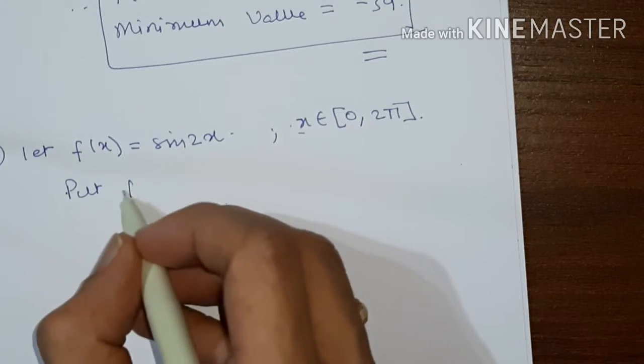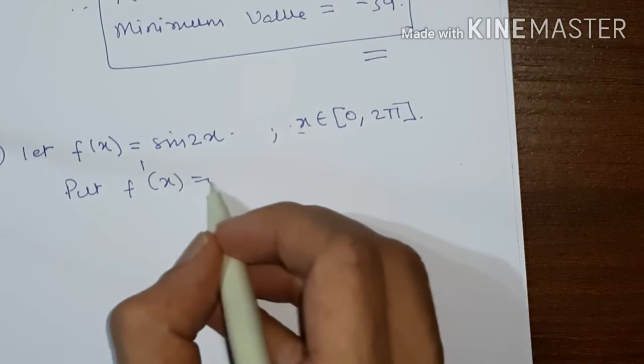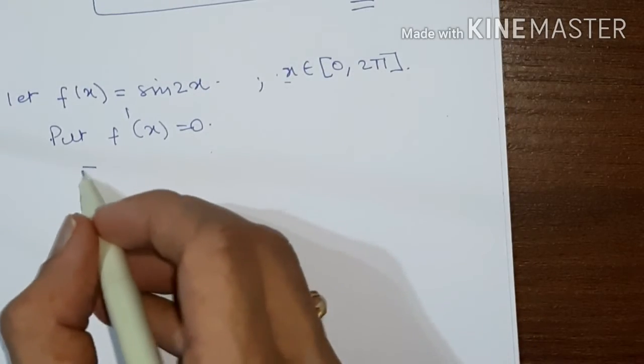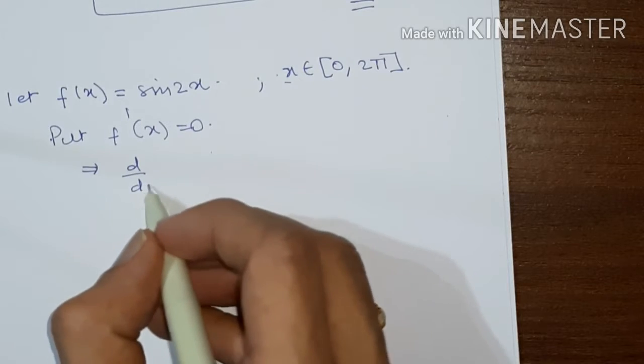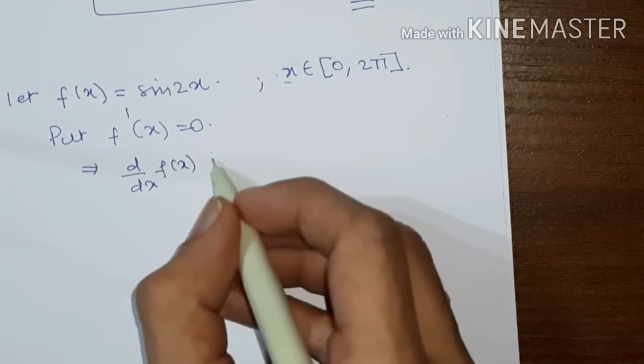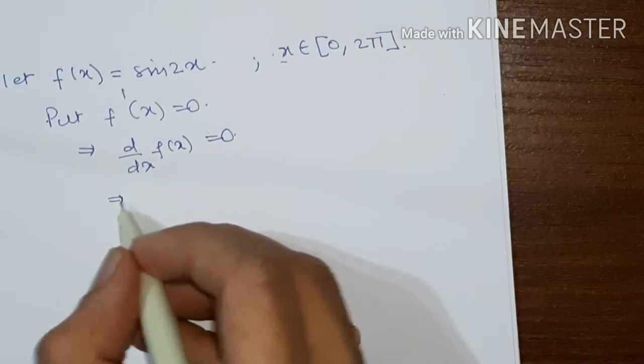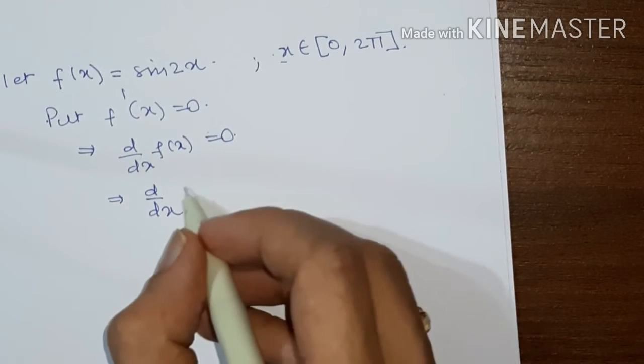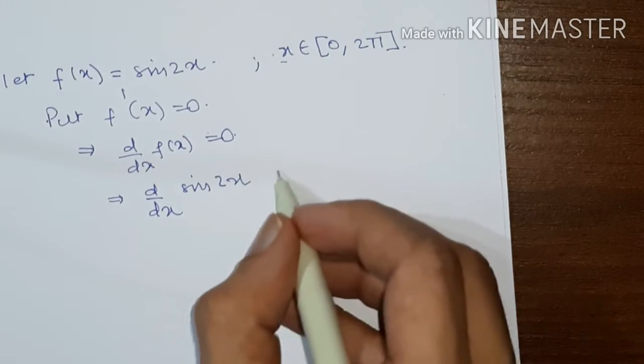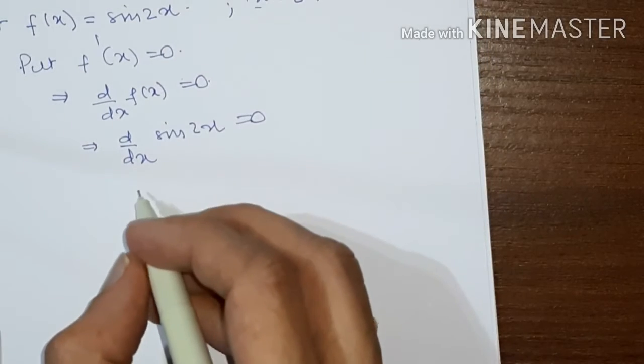Now what you have to do is the same thing, put f prime of x equal to 0, that is the derivative of f(x) equal to 0. So that is the derivative of sine 2x equal to 0.